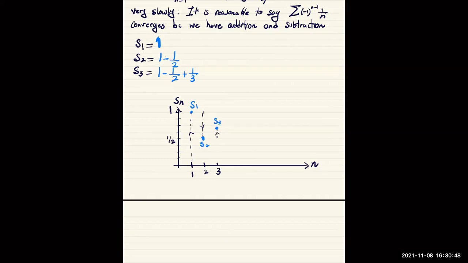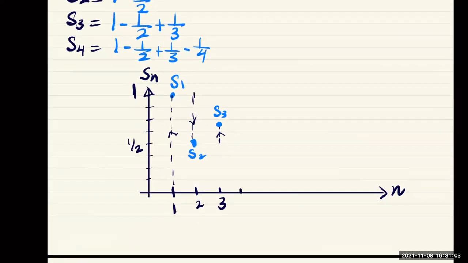And then S4 is 1 minus half plus 1/3 minus 1/4. From S3, we're just going to go down a fourth. And what happens is that your partial sums are going to fluctuate like that, and then at some point, it's just going to stop. You get a convergent series.